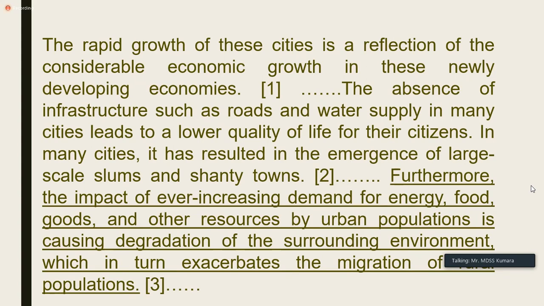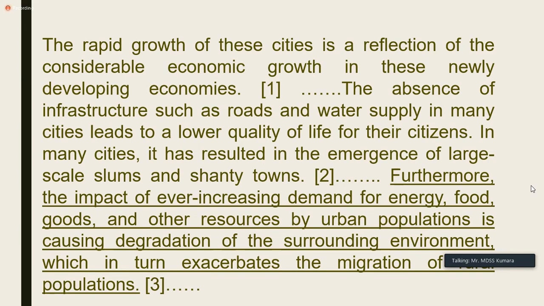So last time we discussed a little about this sentence with examples. I think I took the example of what happens when Anuradhapura city is growing.